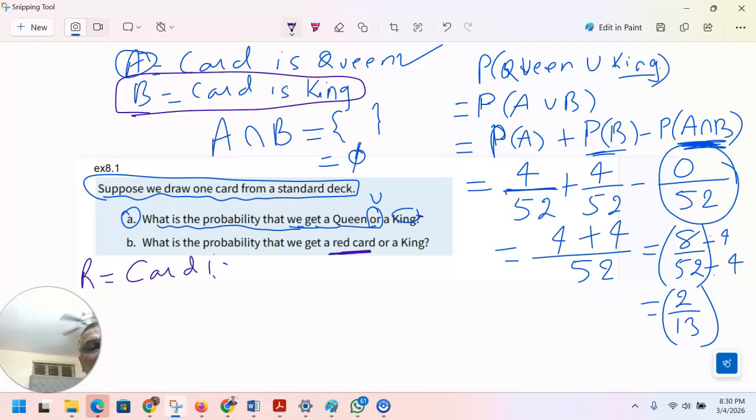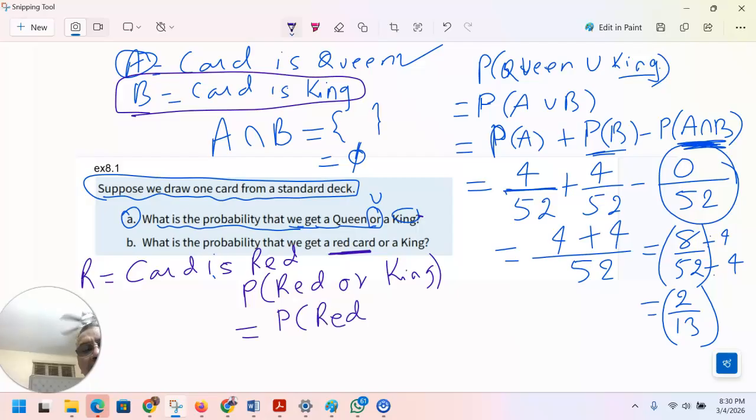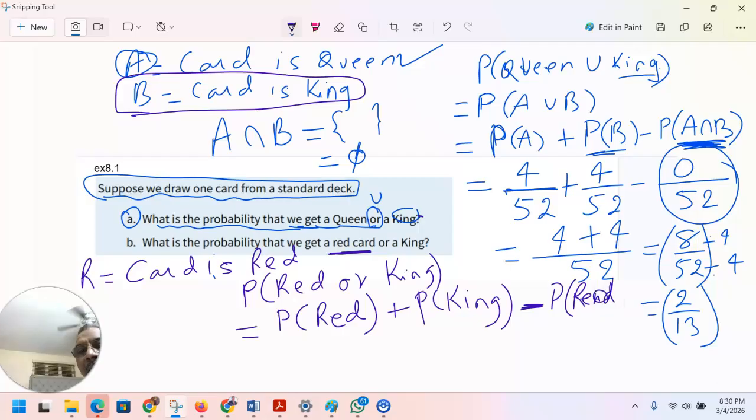So by the formula, the probability is the probability that the card is red, plus the probability the card is king, minus the probability the card is both red and king.